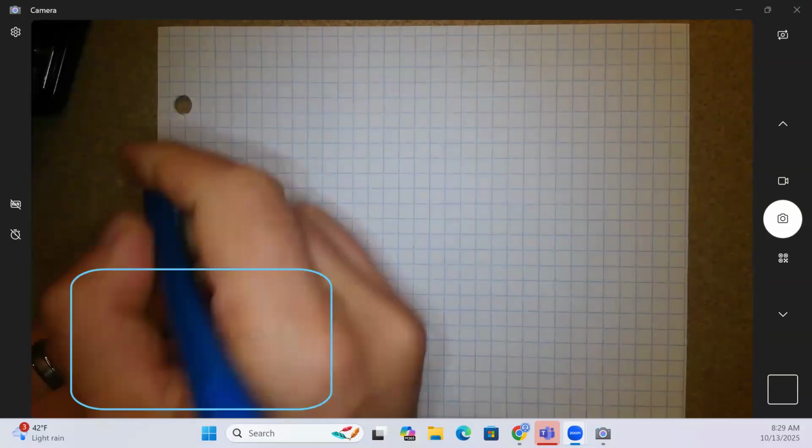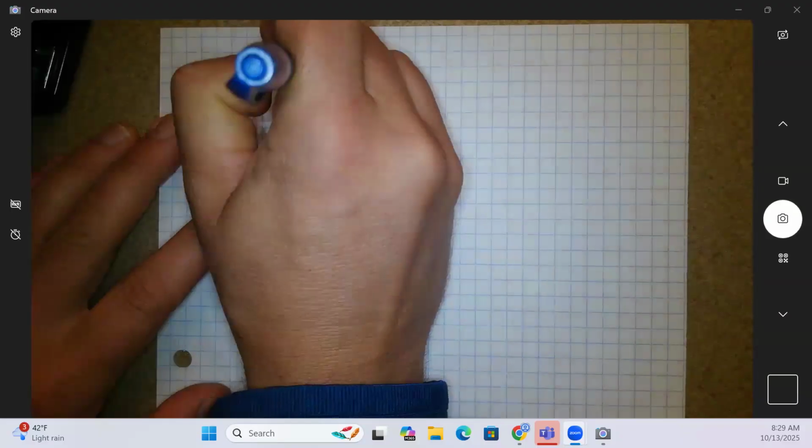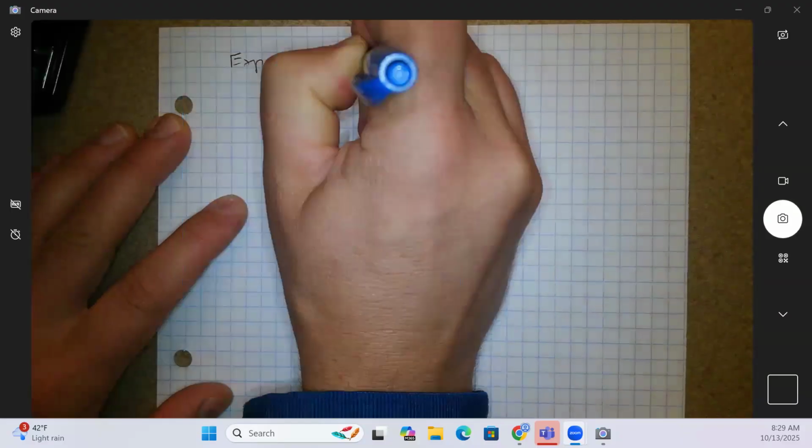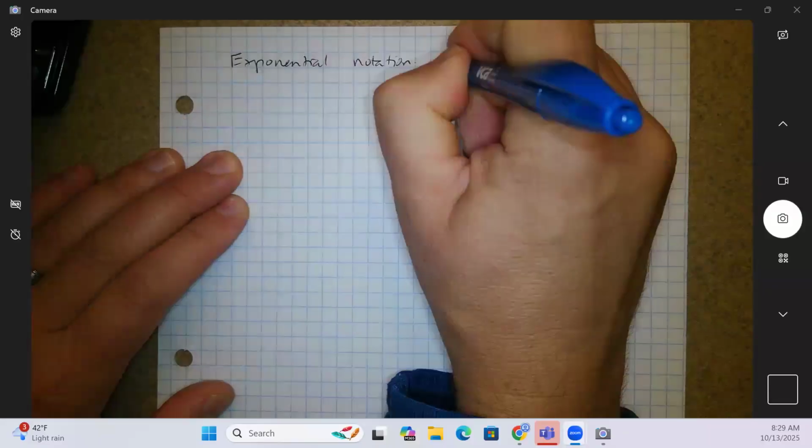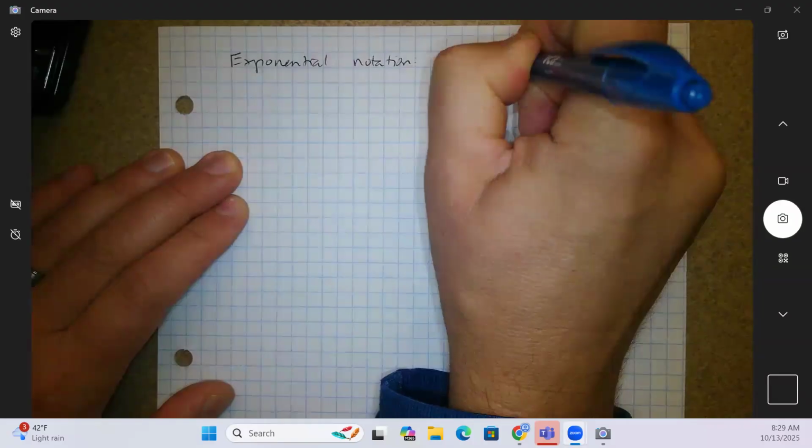All right. So that covers the multiplication and division. Let's take another look at exponential notation, which, if you remember, is repeated multiplication.